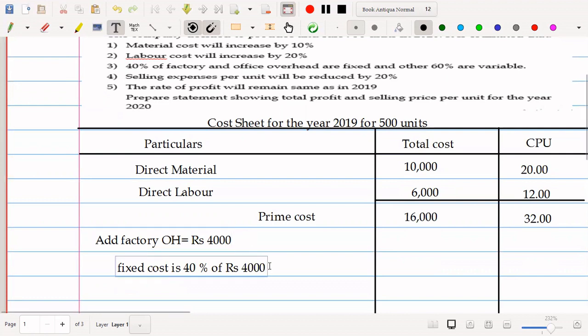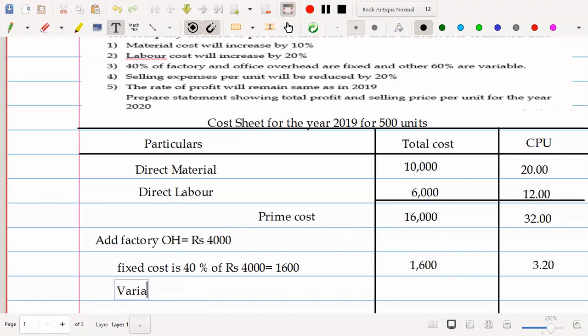You can directly write like this also. So it is fixed. You can directly take it as 1,600 and divide it by 500. When we divide it by 500, it comes to 3.2.